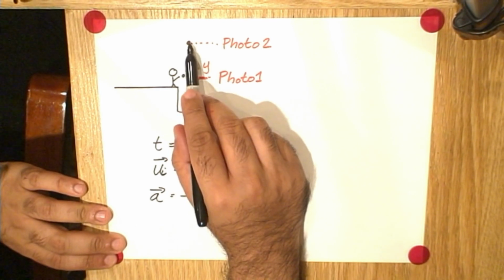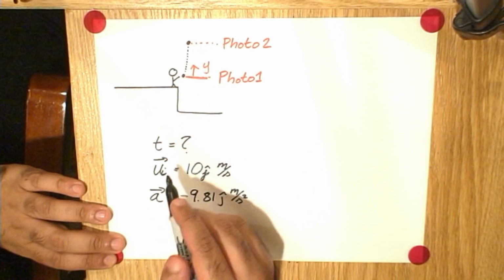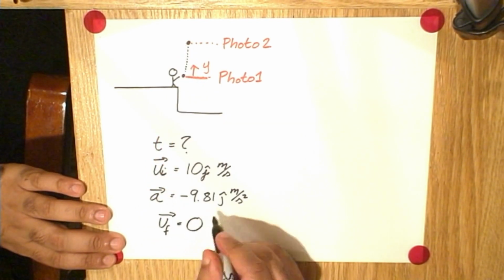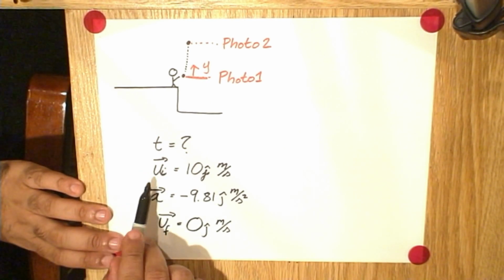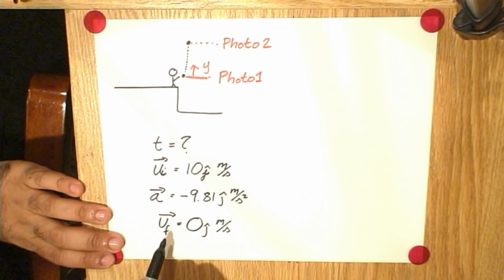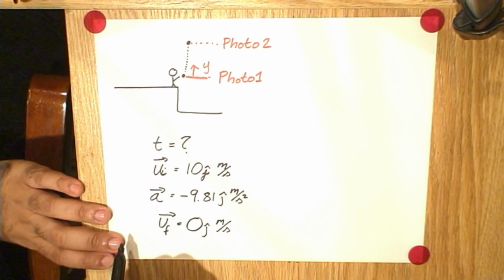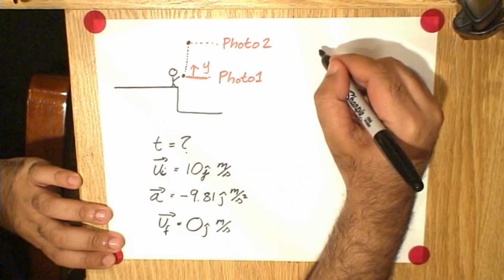When the rock reaches its peak, it's no longer moving. That means that at photo 2, its velocity is 0. So, we now have three pieces of information: initial velocity, acceleration, and final velocity, and we're looking for the time. There's only one toolbox equation that weaves together these four quantities, and that's toolbox equation 1.